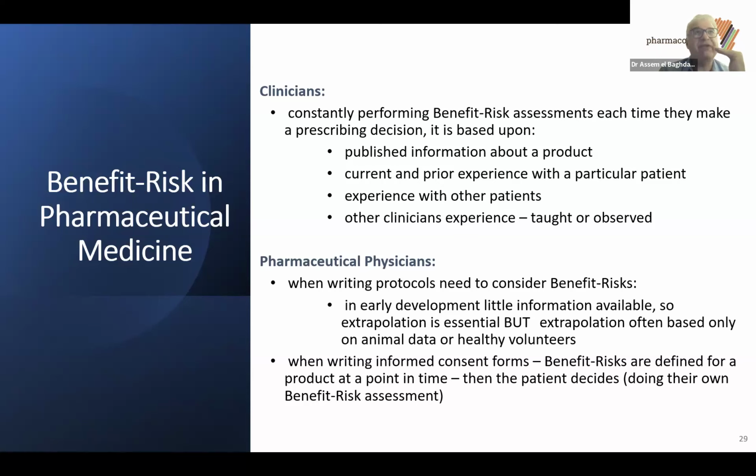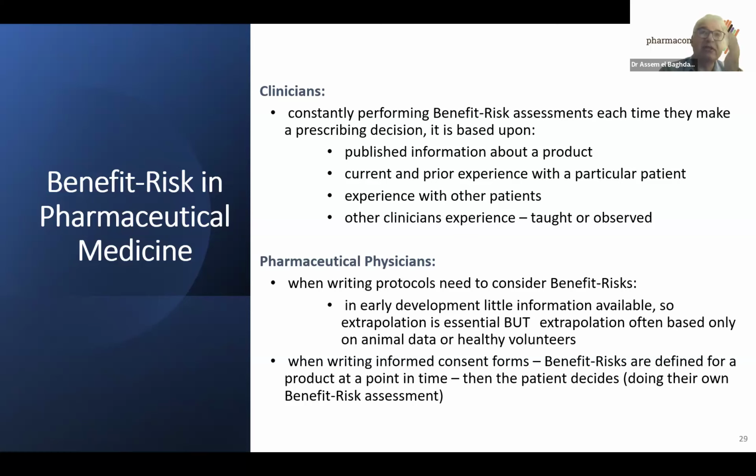I put everything known to date about the benefit-risk, everything for the patient to understand what exactly they're getting into. And this is what is meant by informed consent, which means the patient is informed of everything before they give their consent.